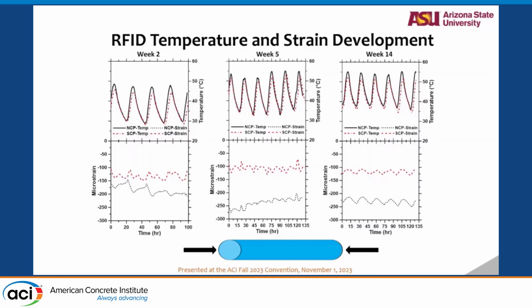So what we see here is just a temperature profile. The SCP is the one that has the PCM, and the temperature range that it went up to the peak is slightly lower than the peak for a normal mix without PCM.